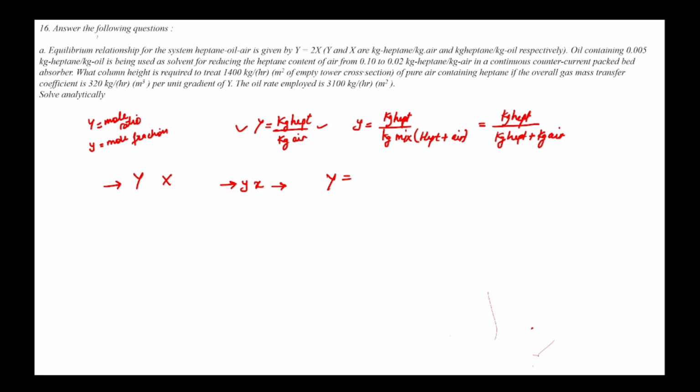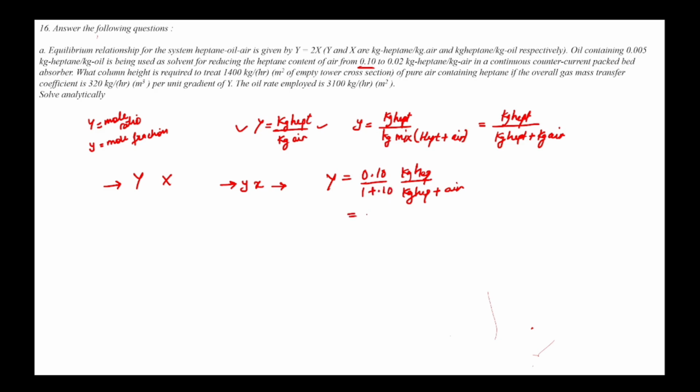Suppose I take the value 0.10, so 0.10 kg heptane per kg air, and I want to convert it into mole fraction. So I will write kg heptane per kg heptane plus air, that is 0.10 divided by 1 plus 0.10.